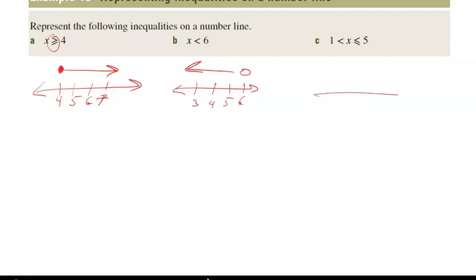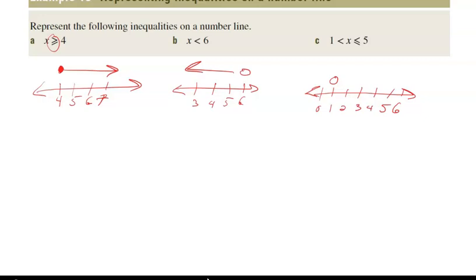And for this one, this is a little bit cheeky. So we've got here 1 is less than x. Let's put 1 on here. Let's put 0 for fun. And 2, 3, 4, 5, and 6. So here is where we use a segment. So 1 is less than x. It is not equal to, so open circle.